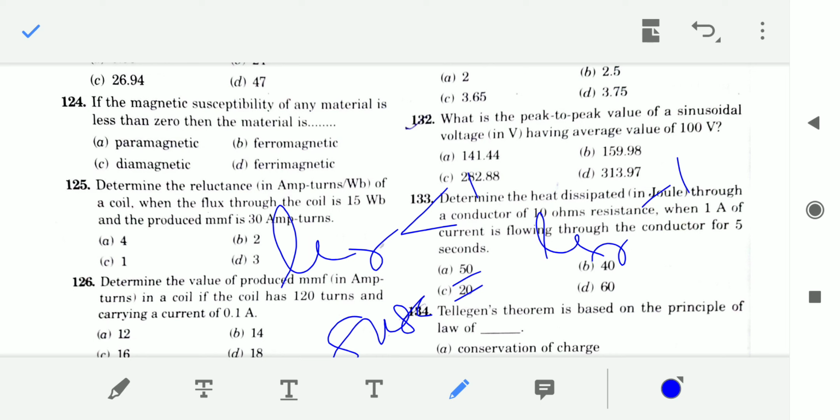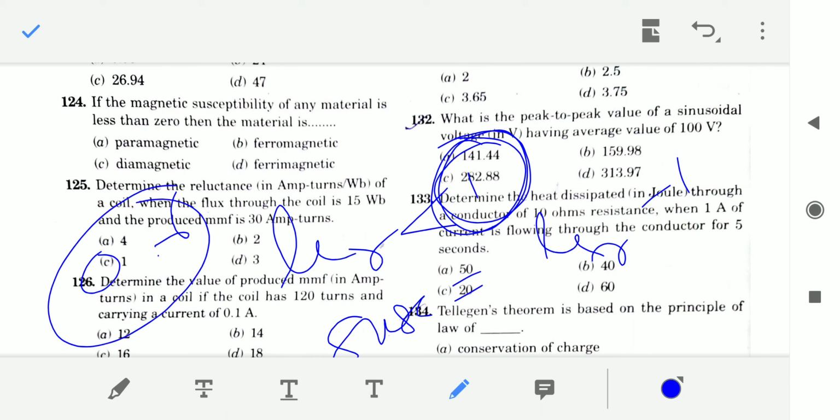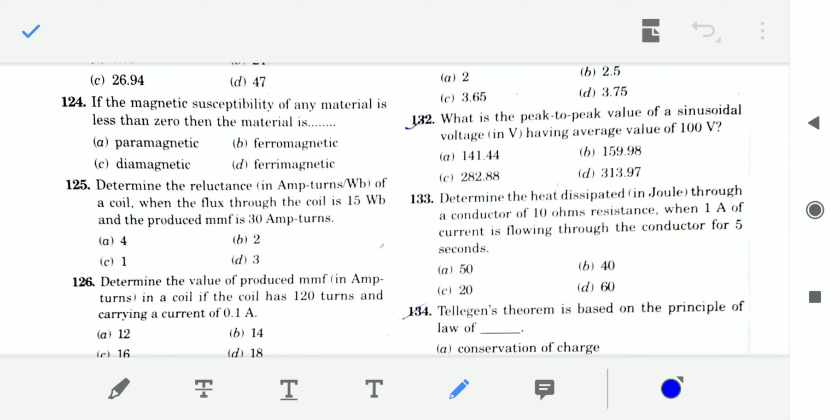Let me take permeability as 0.6; 0.6 minus 1 becomes a negative value, that means it is less than 0. So definitely the answer will be diamagnetic material.